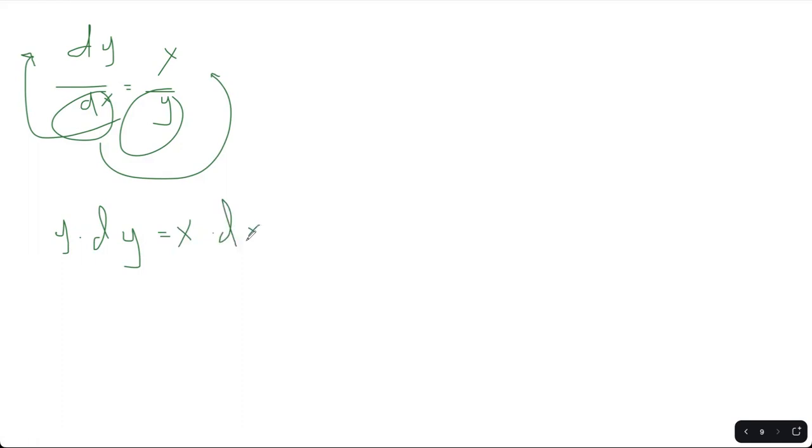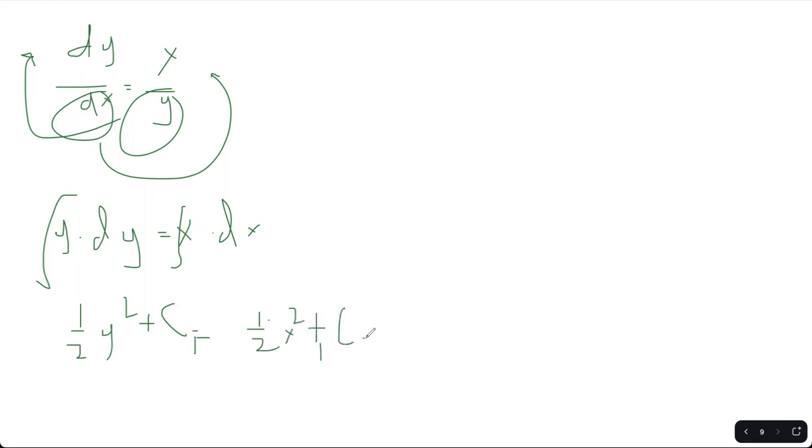So y dy equals x dx. Take the integral of both sides, because you want to integrate it. Since we already have a dy and dx, you take an integral to undo that. The integral of y dy is just going to be 1/2 y squared plus c1. And this is equal to 1/2 x squared, because it's just the integral of x dx, plus c2.